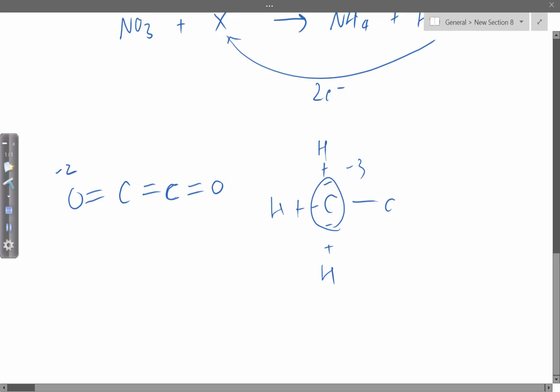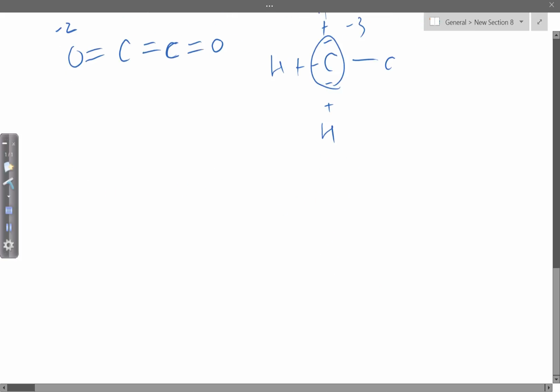So what about the next one, C? This carbon is +1, and this one is -3.